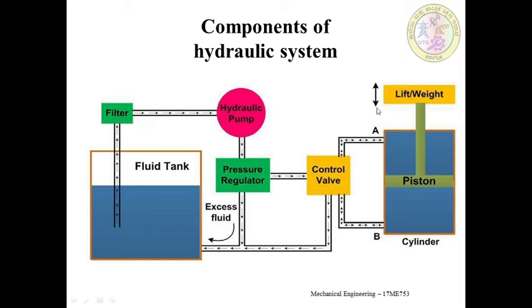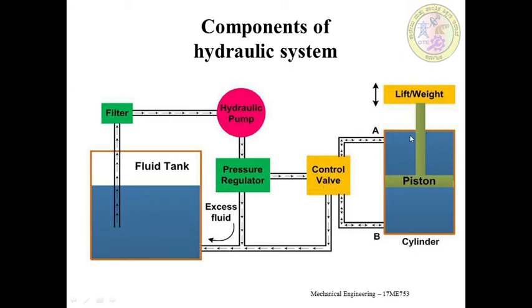After completion of this weightlifting, we need to get back to the original position. Then the direction control valve is operated, so that the direction of the pressurized liquid is turned to port A. The pressurized liquid travels to port A, and the piston is lowered through this action.